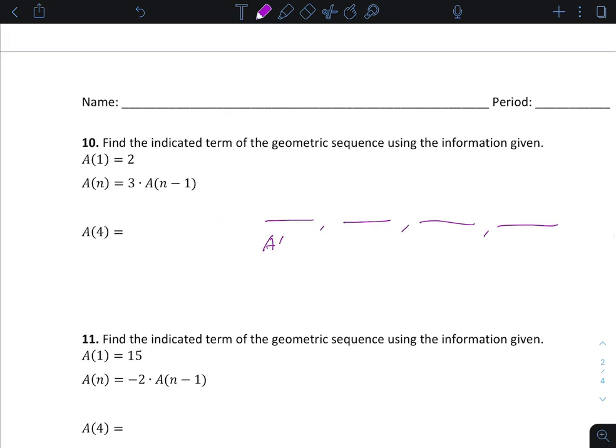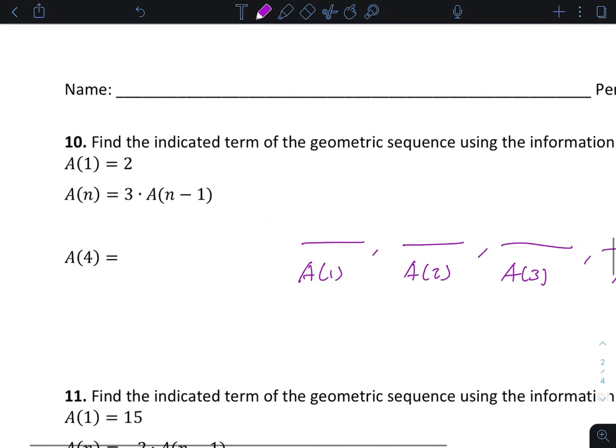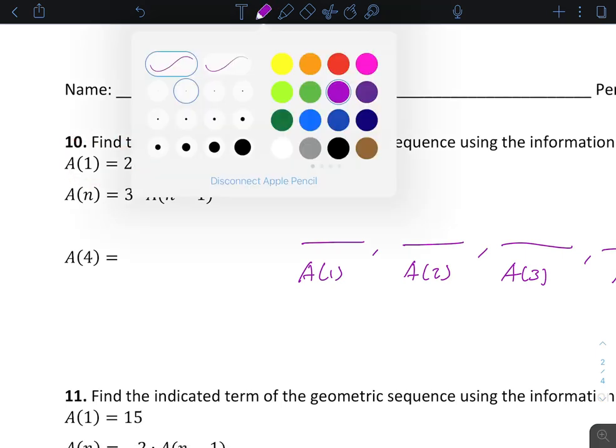So let me label it here, A1, A2, A3, and we're looking for A4. So we know what our starting value is. We know that A1 is 2.